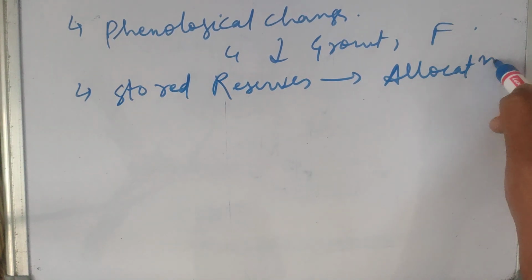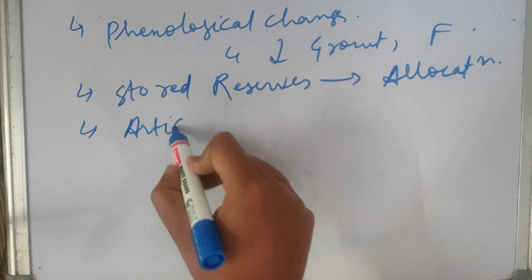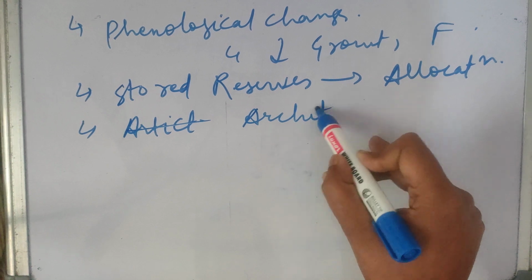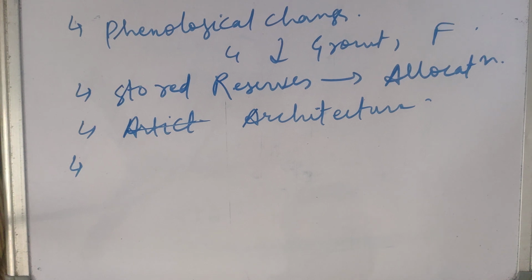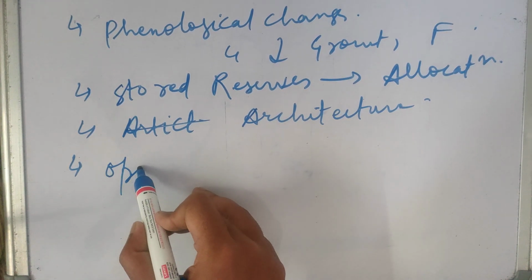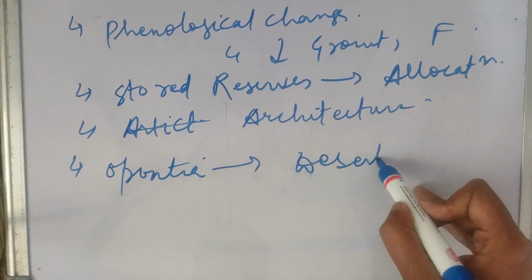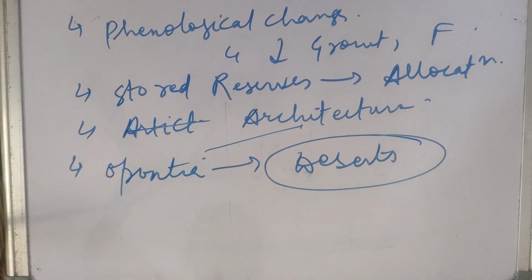They change their architecture; in different conditions the plants have different types of leaves, different types of stems. These things help plants to adapt in different places, such as Opuntia, which adapts to desert by changing its architecture, morphology and physiological conditions.